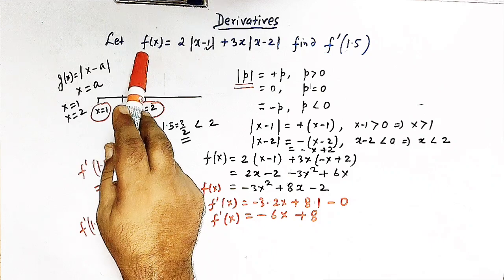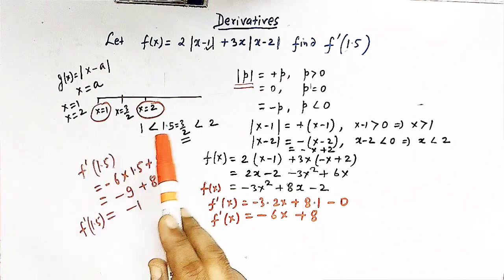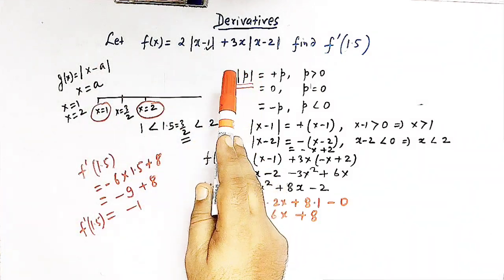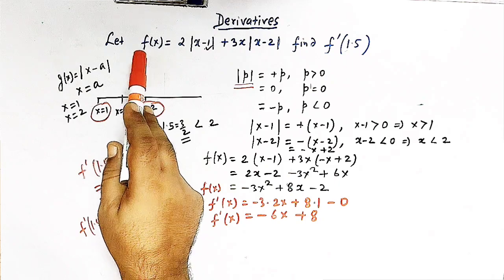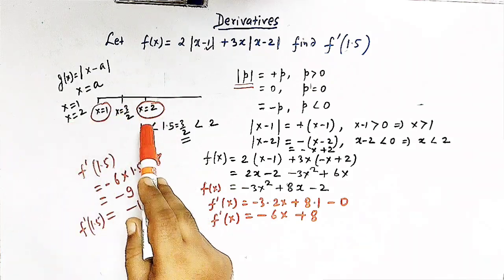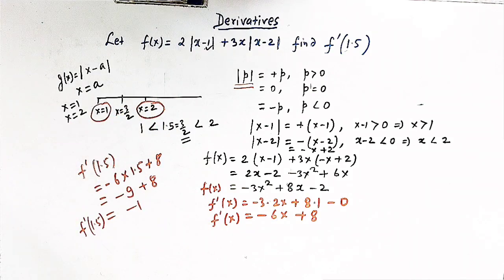Although this function f of x is continuous for all values of x belonging to the set of real numbers, but this function f of x does not have a derivative at x is equal to 1 and x is equal to 2.